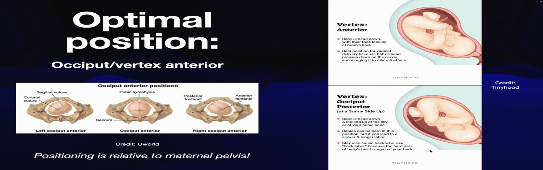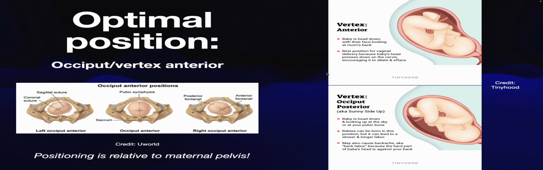You can have a spontaneous vaginal delivery in this position, but it tends to be a slower, longer process. And back labor, because we have sort of the hard part of the fetus, the spine, and the back of the head, scalp, that is basically pressing against mom's back, and can result in quote-unquote back labor.